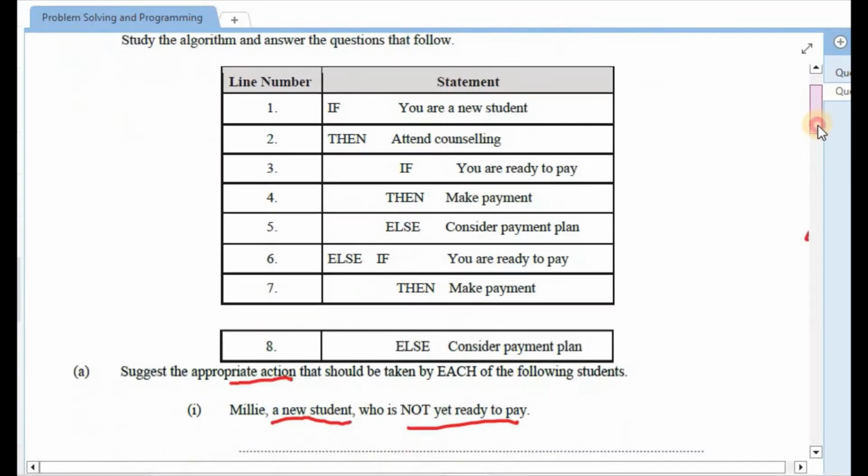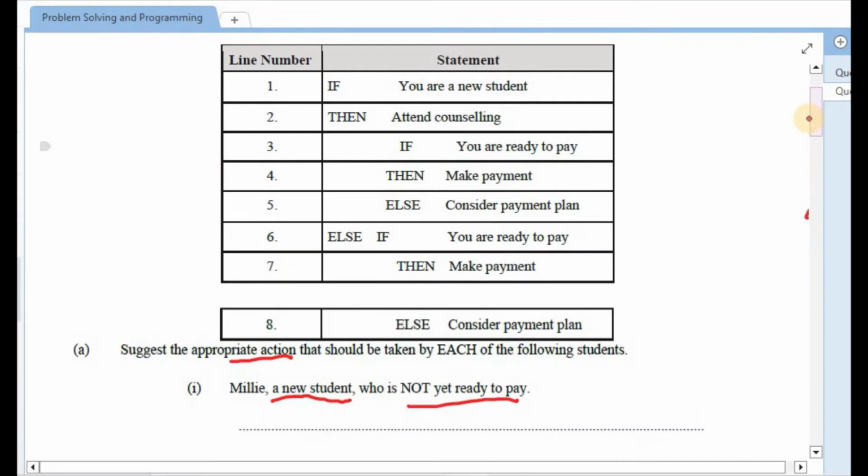So if we proceed back to the line of code, the instruction for a new student, so she meets that first criteria, she is expected to attend counseling. All right, that's the first action that she is required to take. And the second part was that she's not ready to pay. So we're testing if she's ready to pay. Line 4, no, she is not. So we're proceeding to line 5, where she's considering a payment plan.